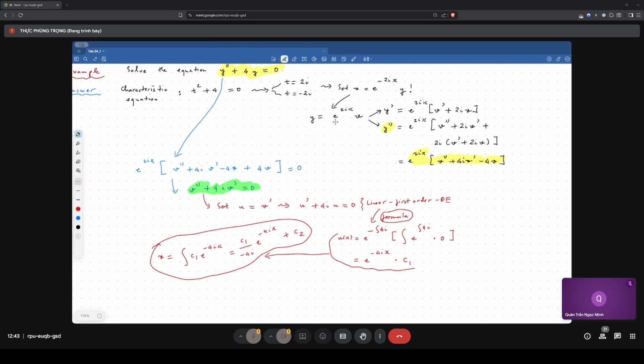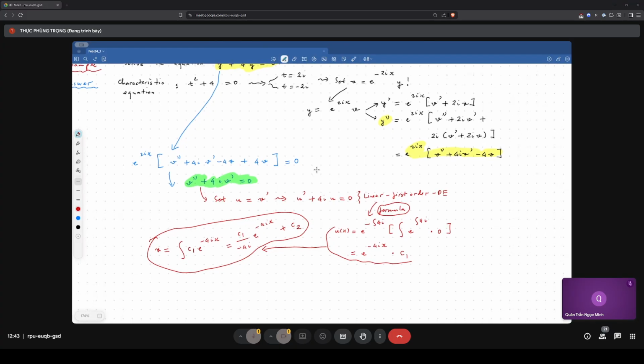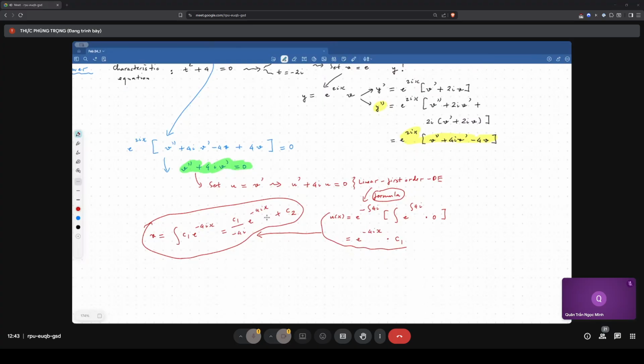y is just e to the power 2is times v. So it's time to get y. y is just e to the power 2is times v, and you get c1 e to the power minus 4is over minus 4i plus c2.